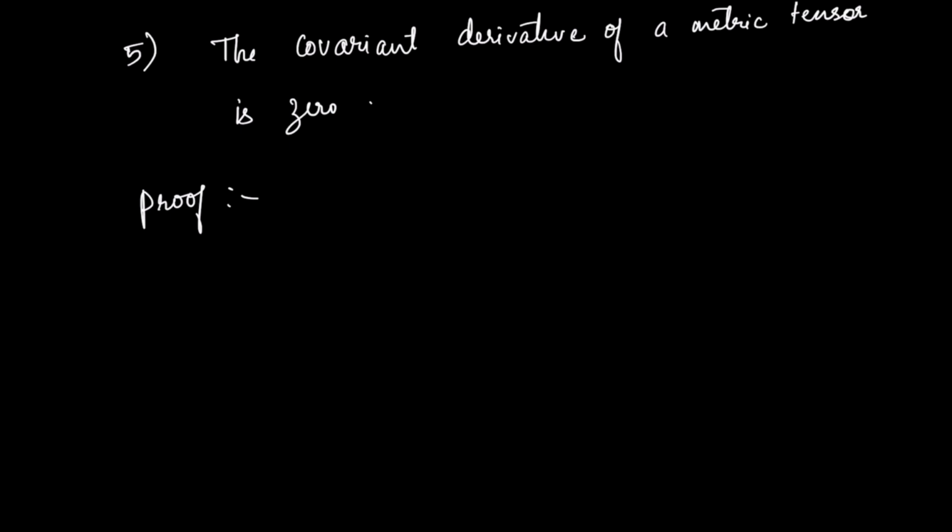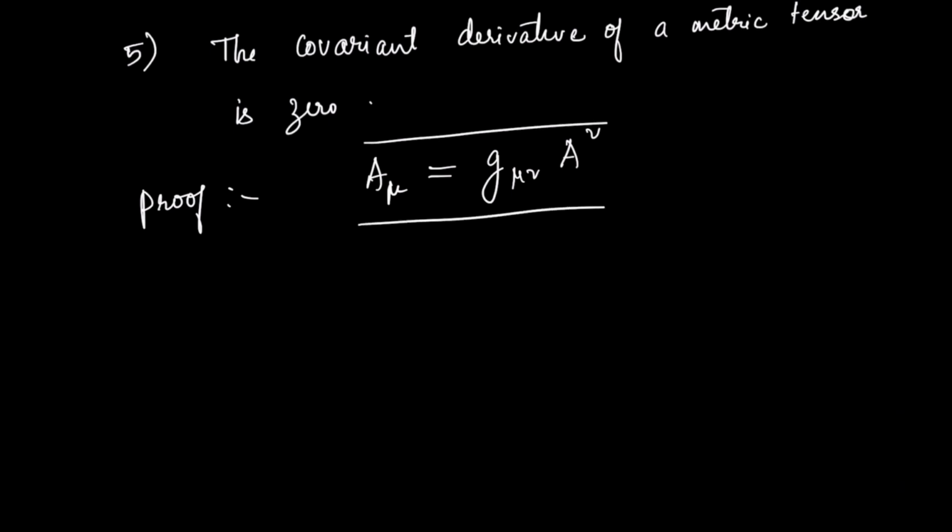For this, let A mu be a covariant tensor of rank 1. Then A mu can be written as G mu nu A nu. This we have already discussed while learning about the lowering and raising operators. Therefore the covariant tensor of rank 1, A mu, can be written as G mu nu A nu.